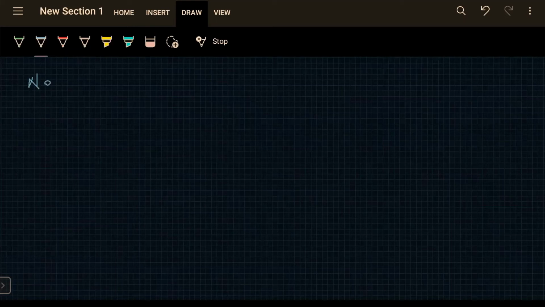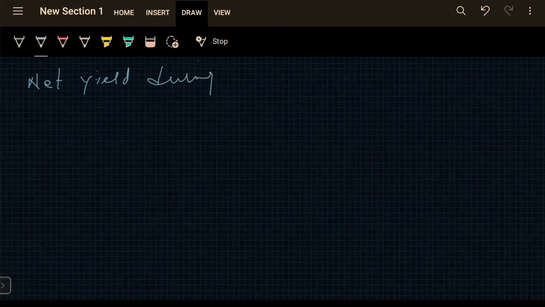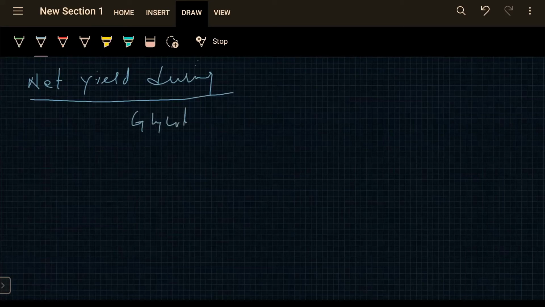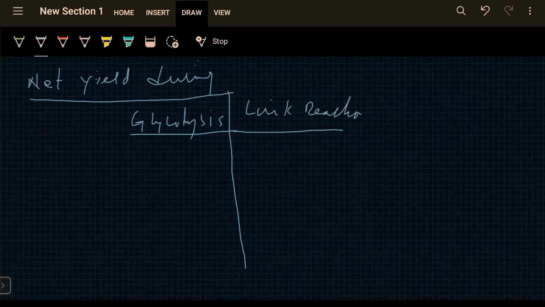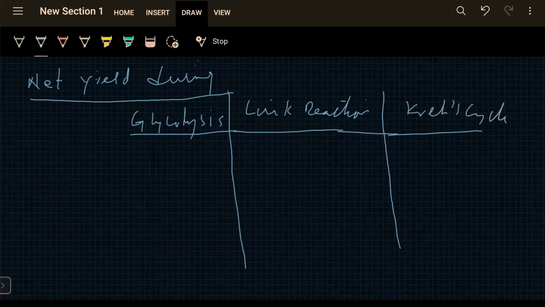So if we look at the net yield during glycolysis, link reaction and Krebs cycle. So if this is glycolysis, this is link reaction, and this is Krebs cycle.